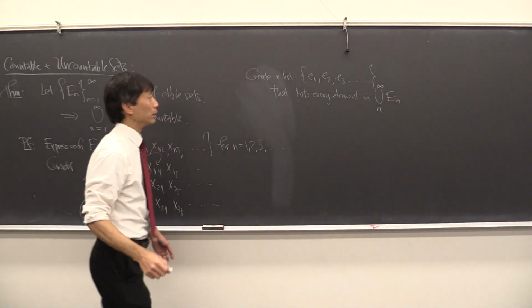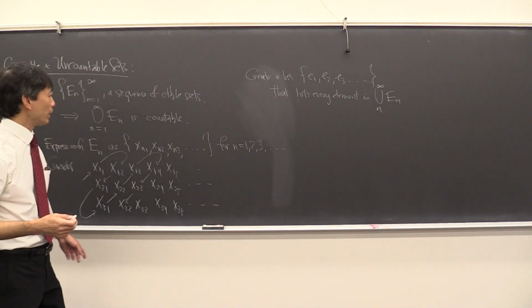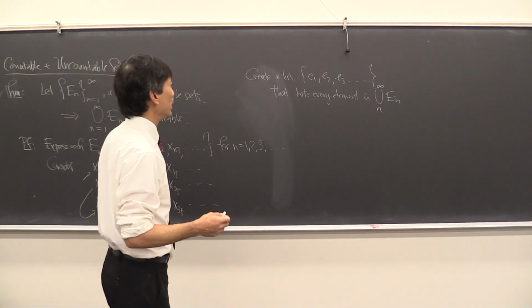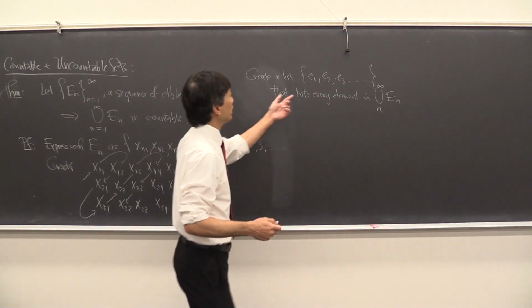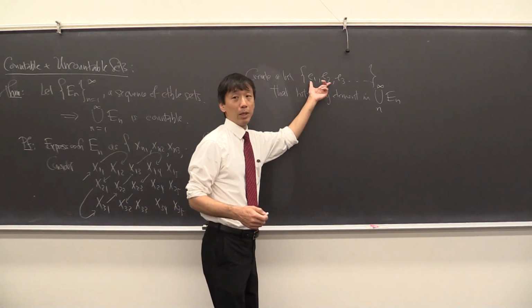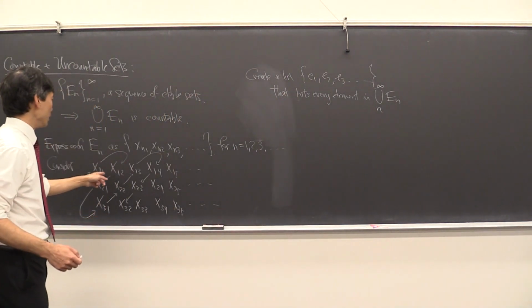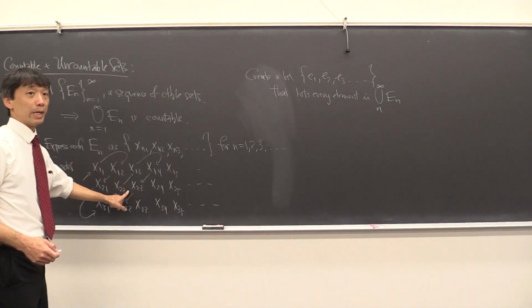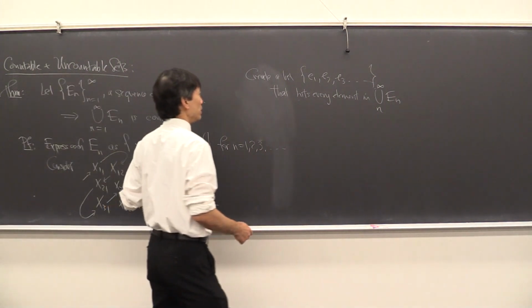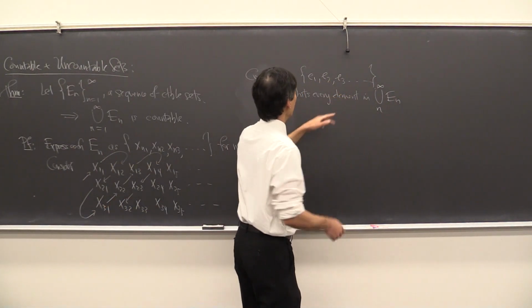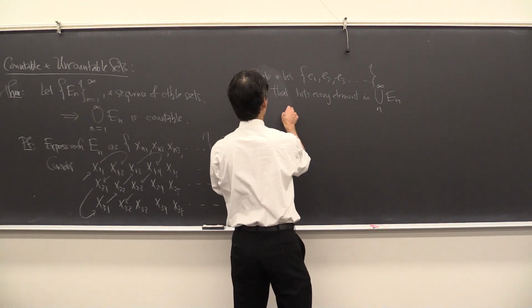There might be some duplicate elements, so maybe this element and this element are the same. So this gives you a map.